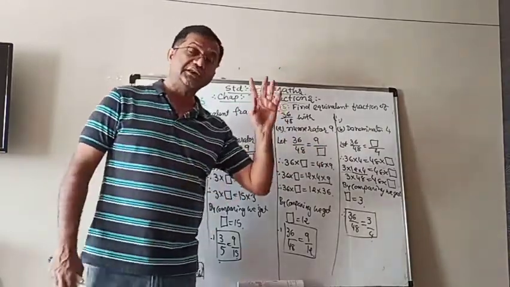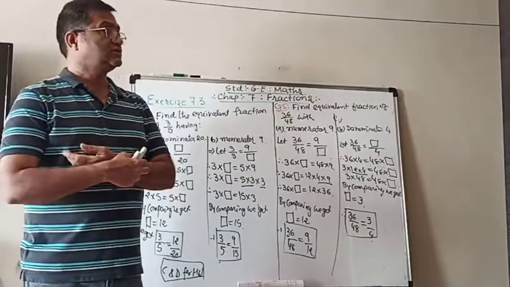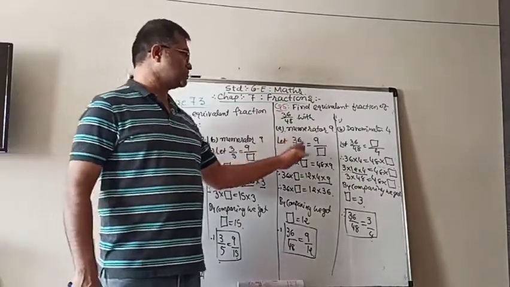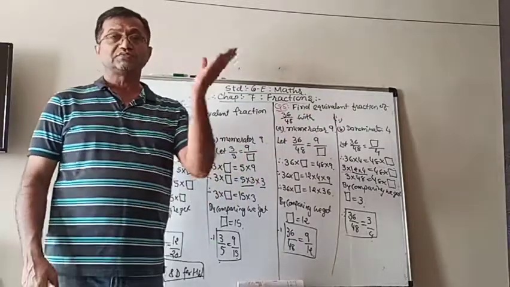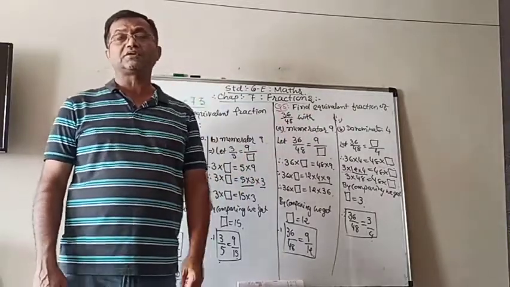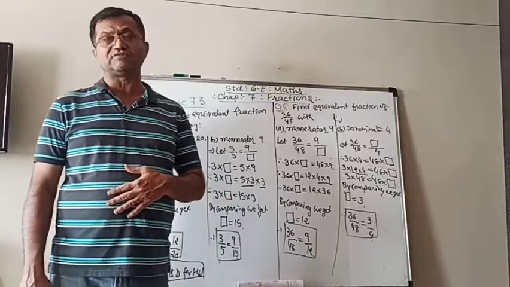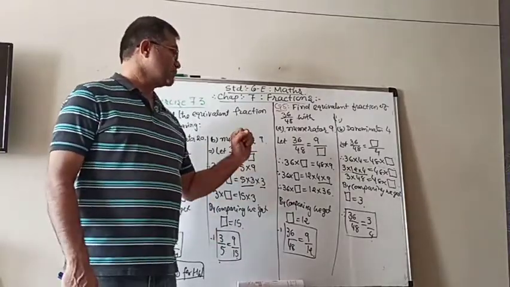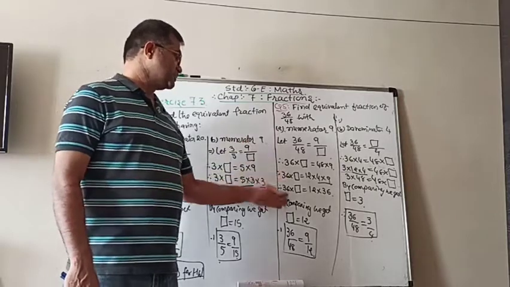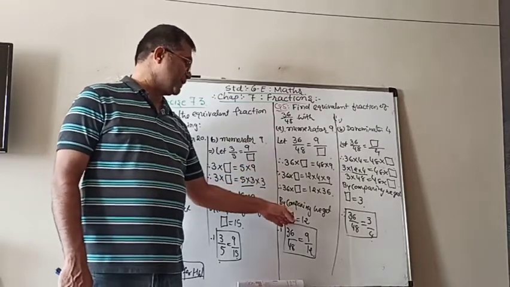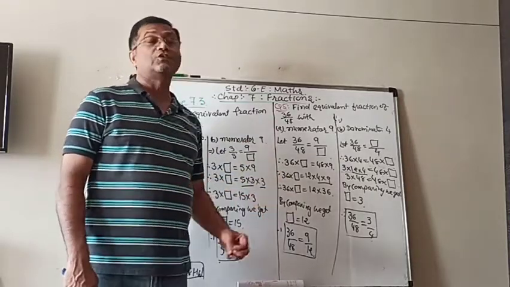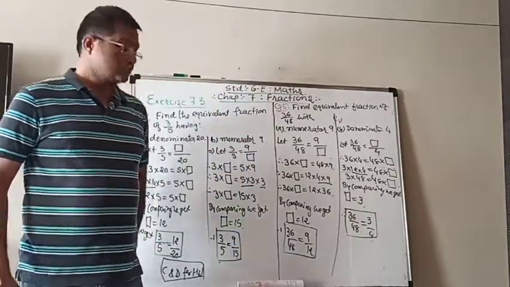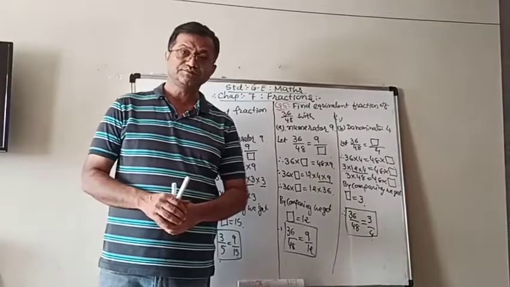And as we learned in the previous sessions, when two fractions are equivalent fractions, then when we do cross multiplication, the answers are the same. Therefore by that we simplify and then lastly compare to get the value of the box. So here we are going to finish the session.